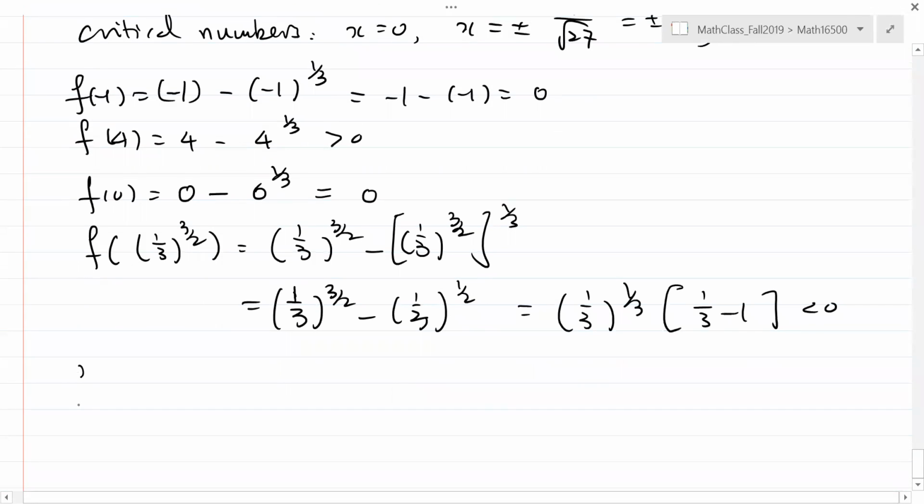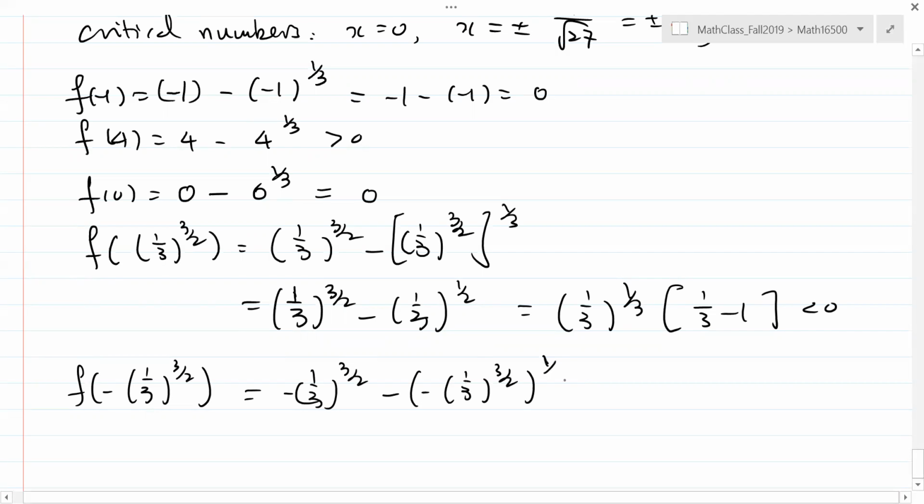We also have to look at f of -1/3 to the 3/2, because this number is between -1 and 4.